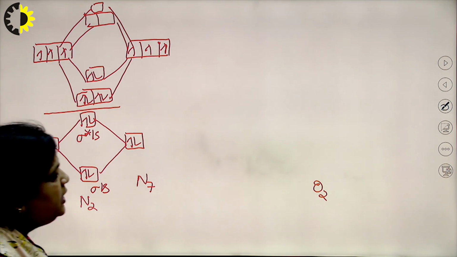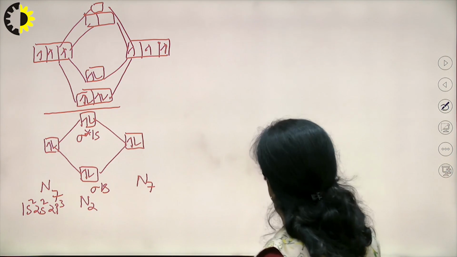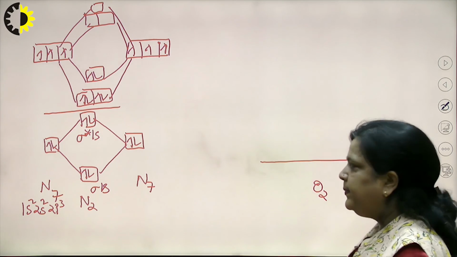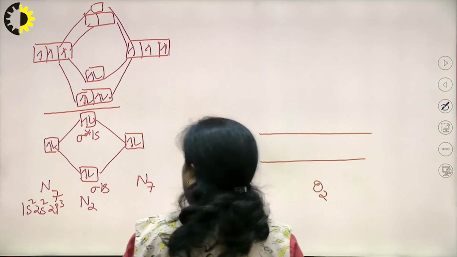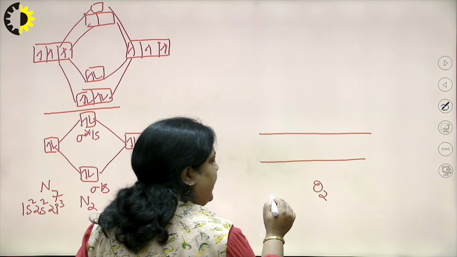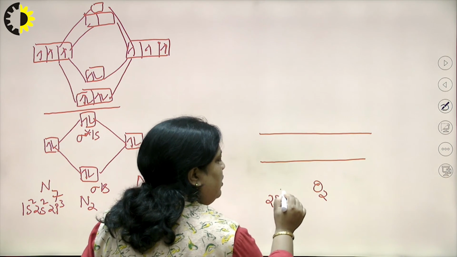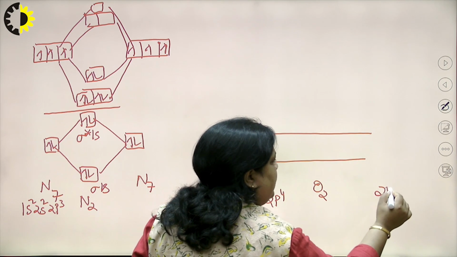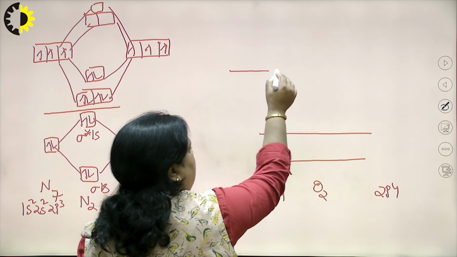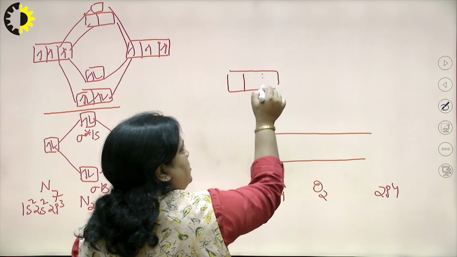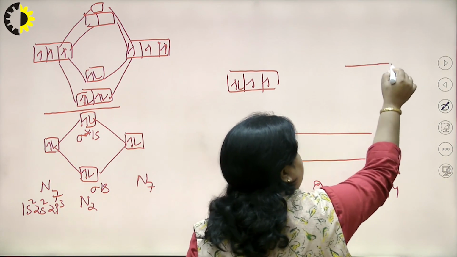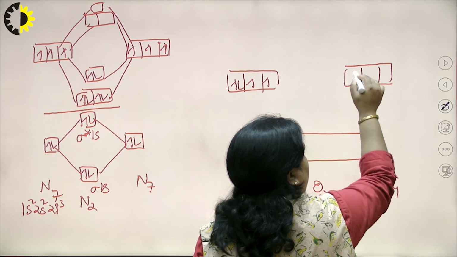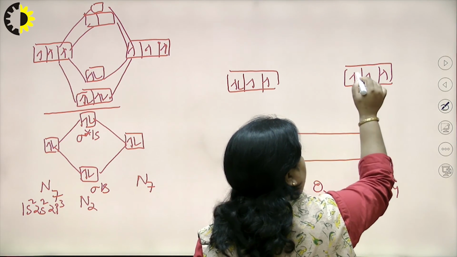When we draw the molecular orbital diagram of O2, the 1s is the same, 2s is the same. But in case of 2p, oxygen is 8, 8 means 2p4 and the other oxygen again 2p4. So, when we draw p, there will be 4 electrons, 1, 2, 3, 4, and the energy, since both are oxygen, 3, 4.